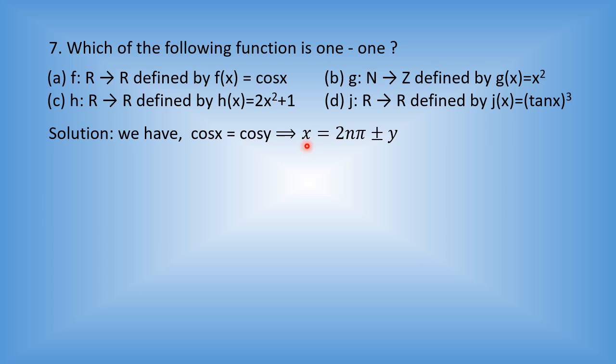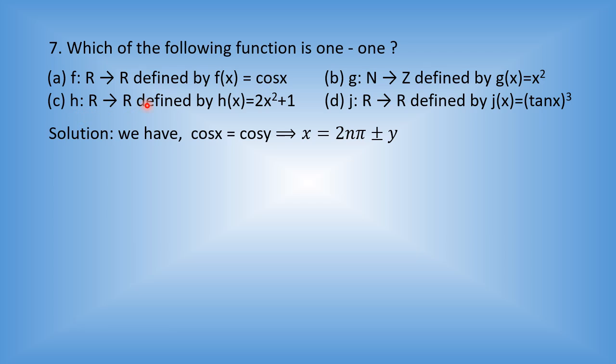But here x can take many values as n varies here. Therefore, x cannot be equal to y. Therefore, option A will not be an answer. That is, the function is not a 1-1 function. We'll move to the next one here.